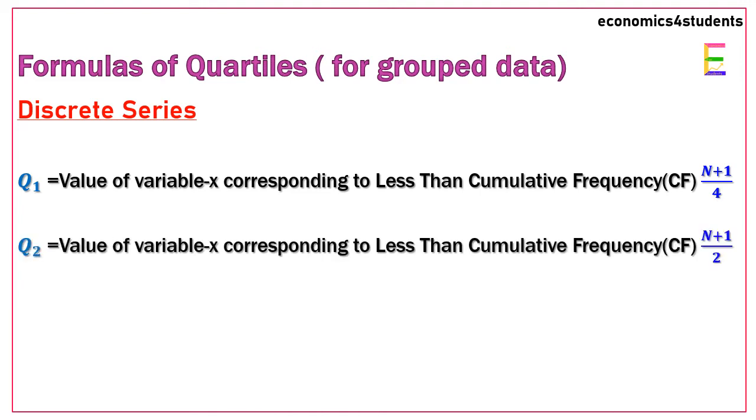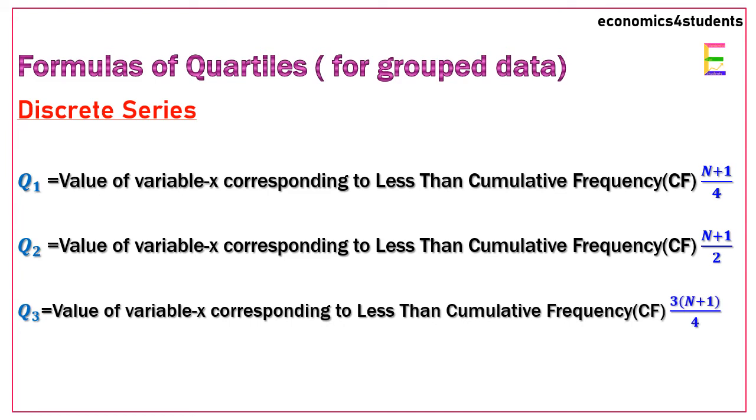Q2 is equal to the value of variable x corresponding to less than cumulative frequency (N plus 1) by 2. Q3 is equal to the value of variable x corresponding to less than cumulative frequency 3(N plus 1) by 4, where capital N refers to total frequency.